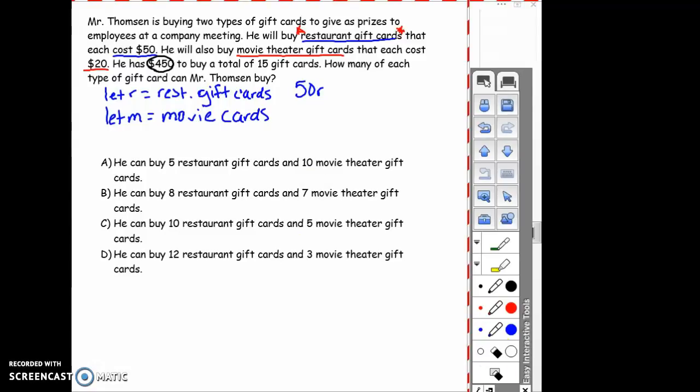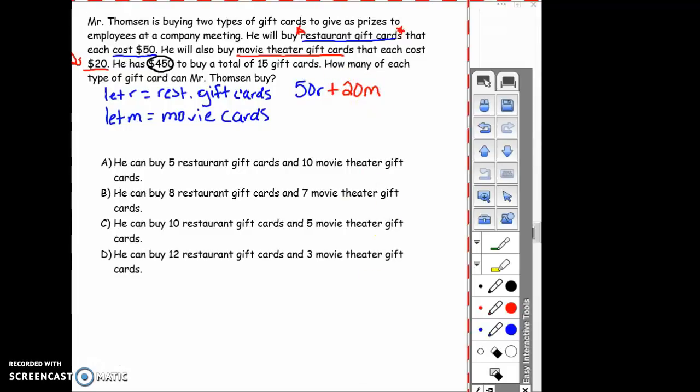Now I need to look at my movie theater gift cards because I'm purchasing those as well. Those cost $20. So the $20 describes the movie theater gift cards because it's the cost of each one. And I'm adding that to what I'm purchasing in restaurant gift cards.